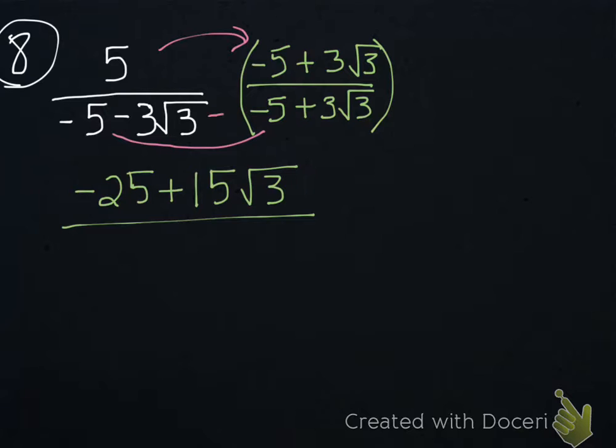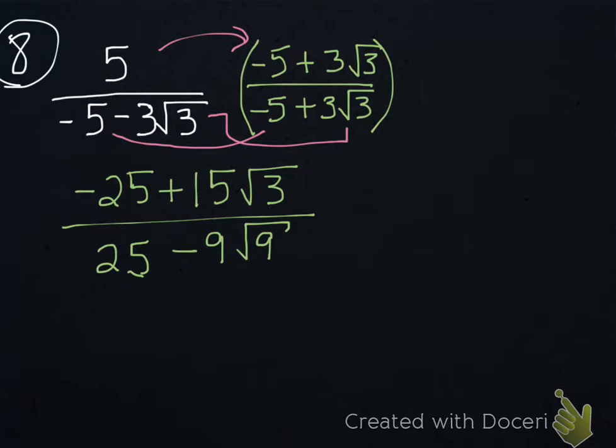The first 2 and the last 2. My first 2, negative 5 and negative 5, would give me positive 25. Negative 3 and negative 3 gives me negative 9. And square root 3 and square root 3 gives me square root of 9.